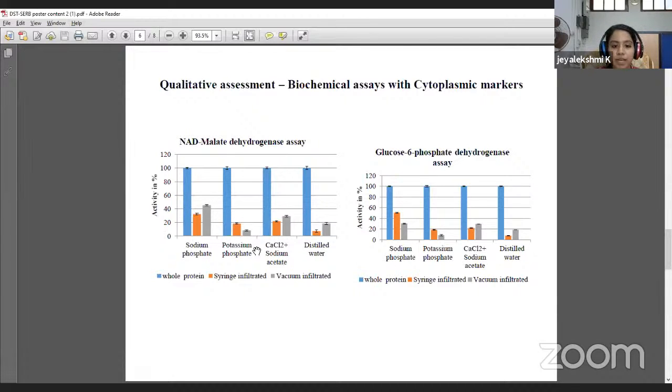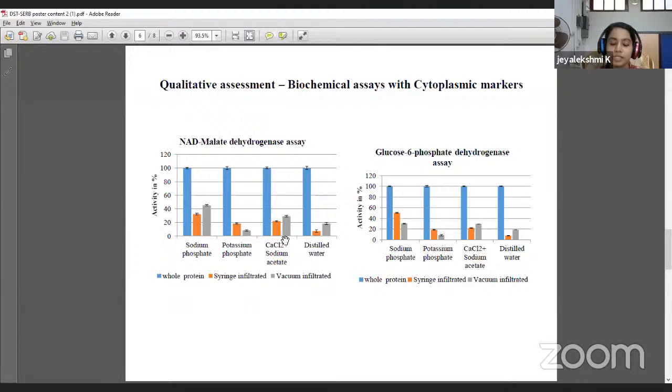In these two assays, we can see that except for sodium phosphate, the other buffers give less cytoplasmic contamination.